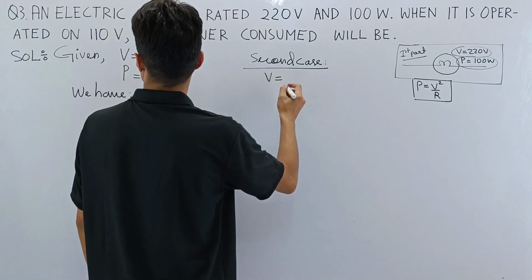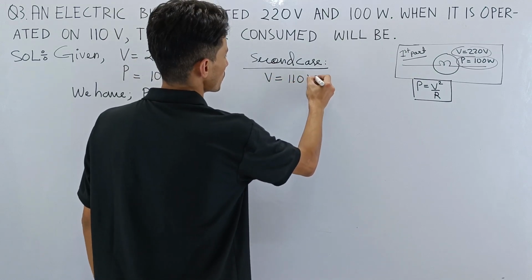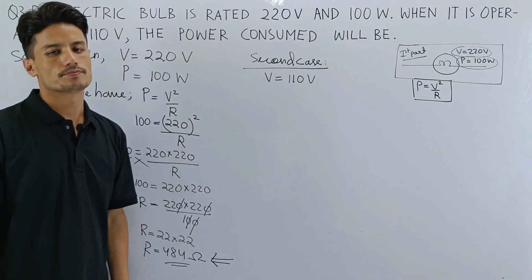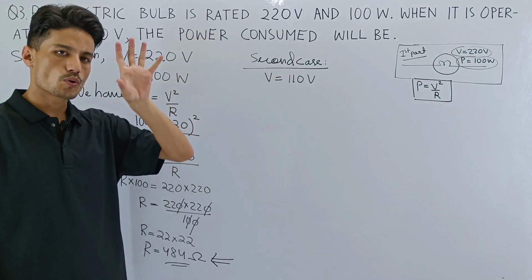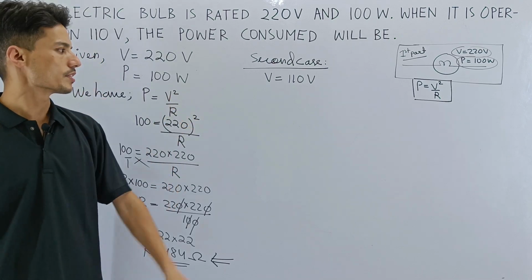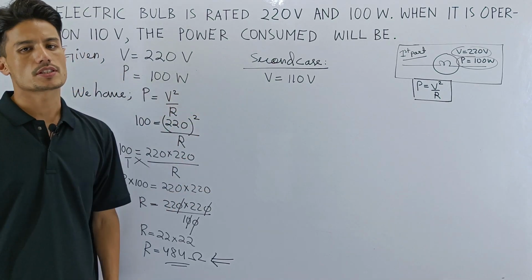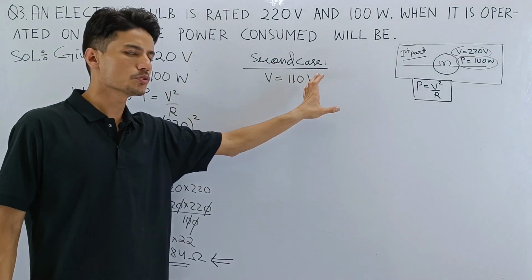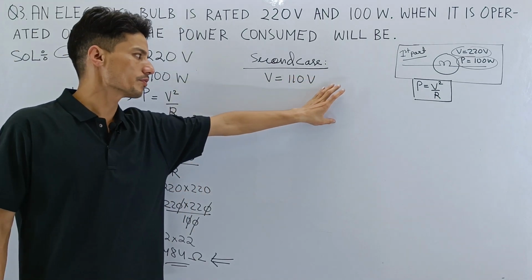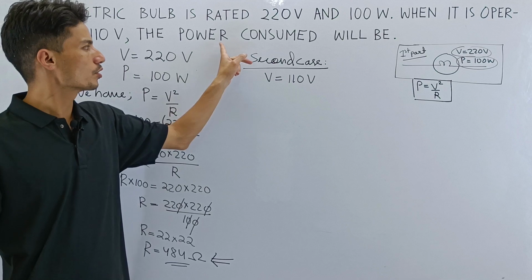You know the potential difference, which is 110 volt. The question has only provided you with potential difference. With just potential difference, will you be able to find anything? No, with just the potential value, you will never be able to find the value of power.